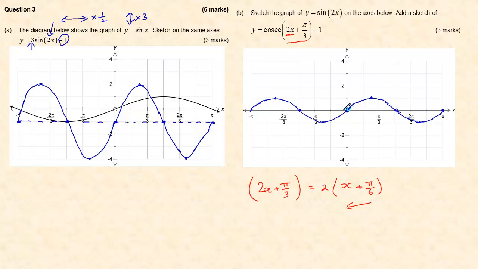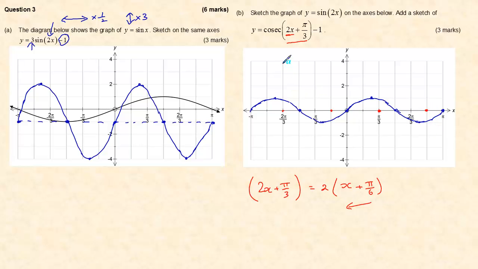So in other words, we're going to have to move these zeros to here and to here, and the other one will be off the side there. This 0 would move to here, and this 0 would move to here.